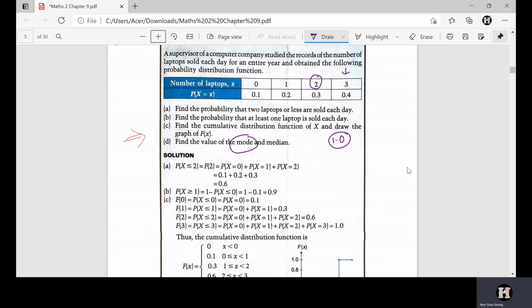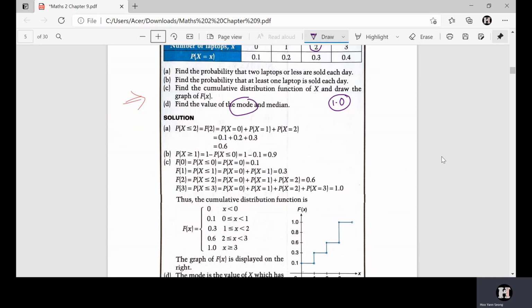Now, how do you find the cumulative distribution function for a discrete variable? How do you want to build the table? You look at the first number, which here is 0, so you need to put x less than 0.